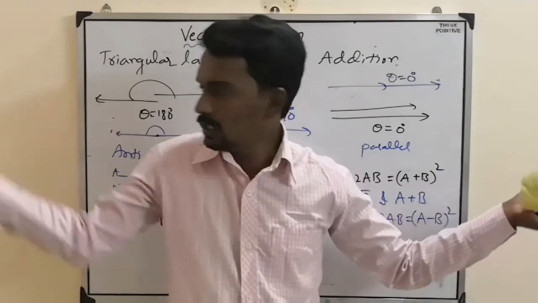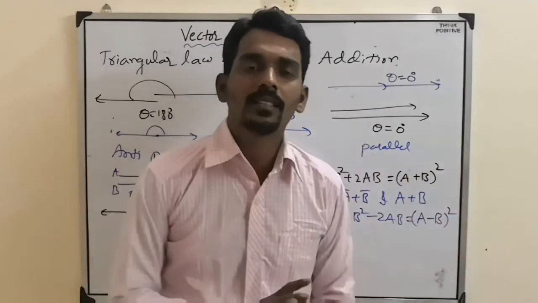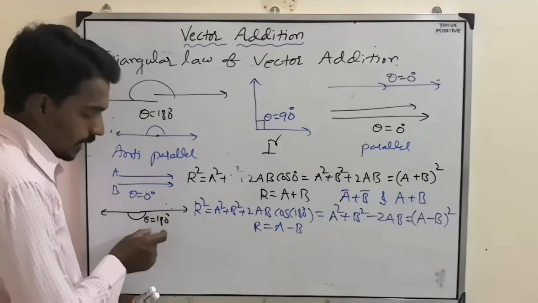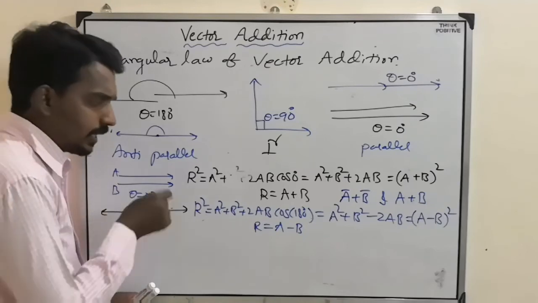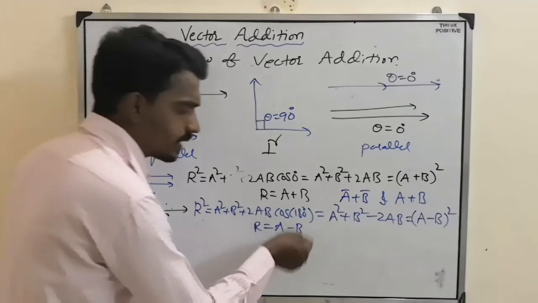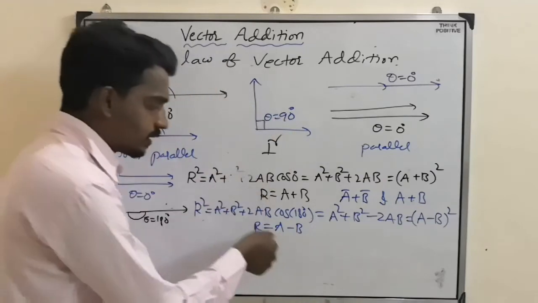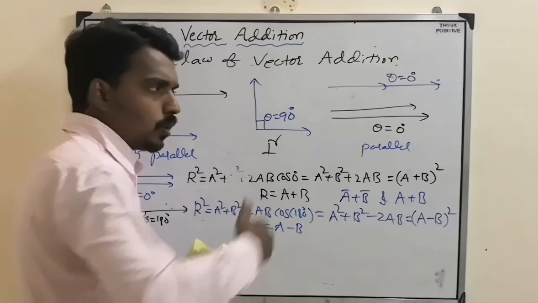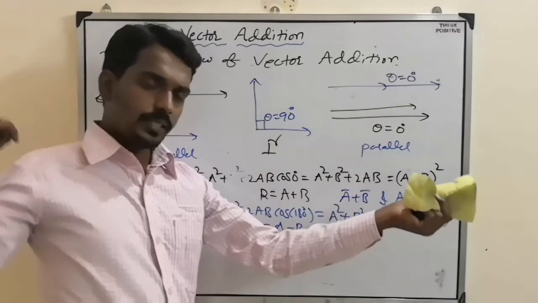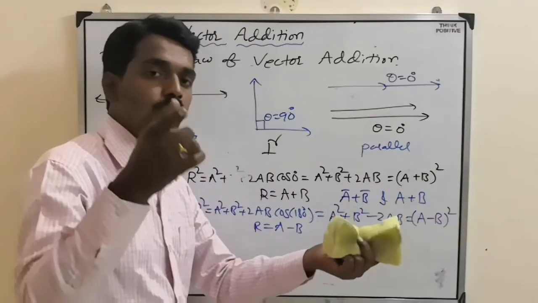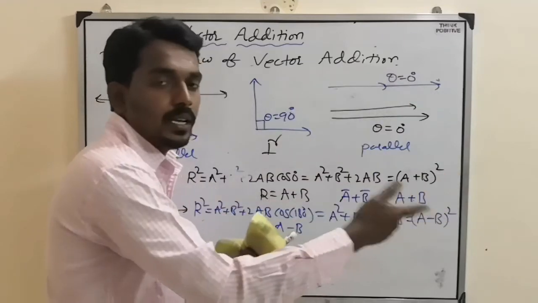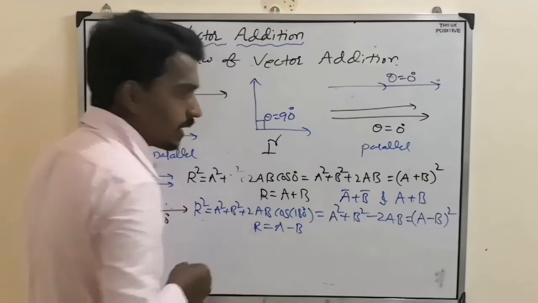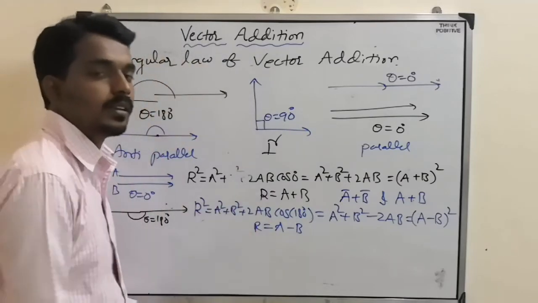Because the two 10 Newton forces cancel each other, since the two forces act at 180. Theta 180 means the resultant is A minus B. So 10 minus 10 is how much? 0. In the same case, suppose this side 20 and this side 10 Newton. Then you will move towards the 20, because the resultant is towards the greater one, that is 20 minus 10, which is 10 Newton.